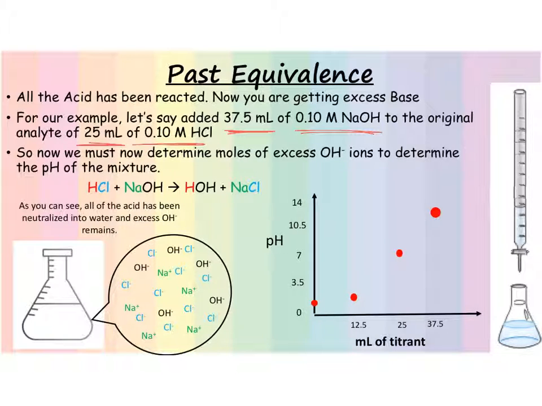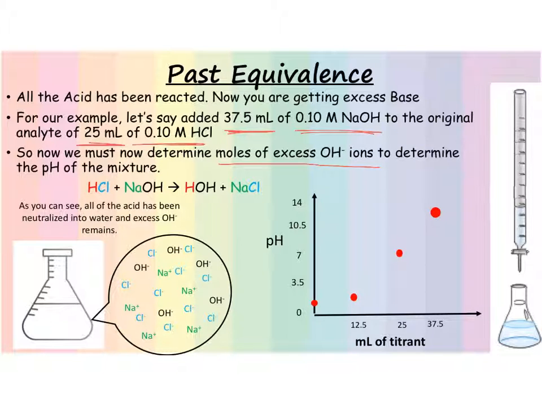Now we're going to have to go back and determine the excess number of moles of OH- to get the pOH of the solution and then to get the pH from there. When we do that, we get a pH that's close to 13 at 37.5 mL. So we basically end up with this general shape for our titration curve.